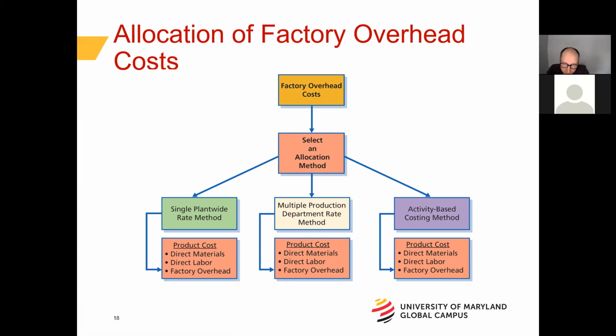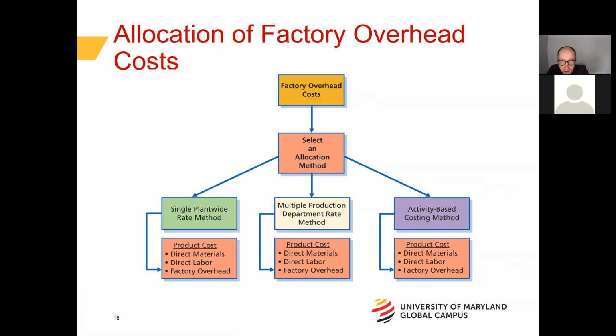And there are three methods to apply factory overhead. One is called the single plant-wide method. The second is called the multi-production department rate method. You'll hear me refer to it as the multiple department method. And the third is called activity-based costing. We know that a product cost includes direct materials, direct labor, and factory overhead.